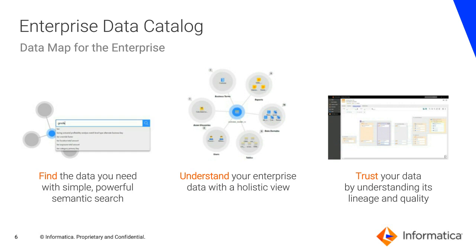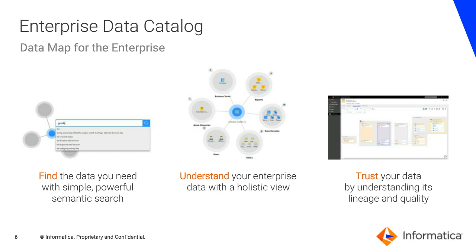Another key capability is it provides a 360-degree relationship view. We automatically look at things like primary key, foreign key relationships, report relationships, user relationships, and show that in the context of the data set. And finally, the most important capability, which is data lineage.